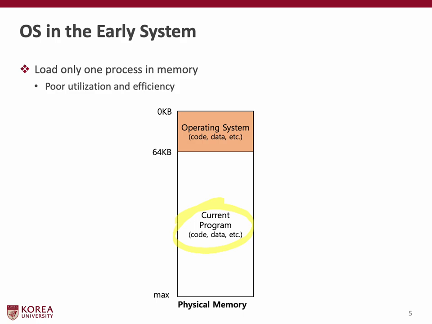I mean, if a process tries to wait for an I/O operation, then it cannot utilize the CPU during that time. Then in this case, the CPU resources can be wasted. So this is a very inefficient situation in terms of resource utilization.